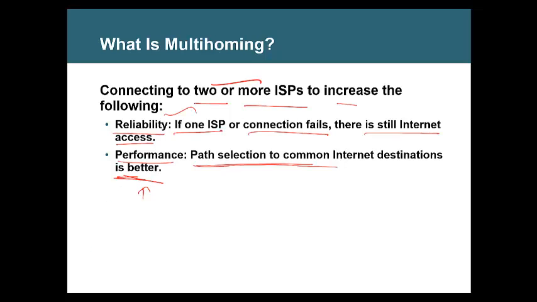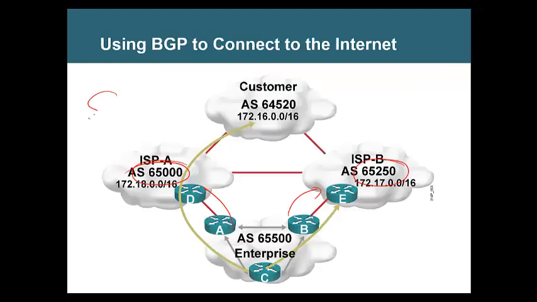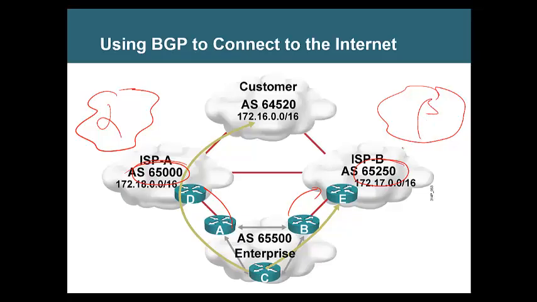In short, what I want to say is, whenever you have multi-homing, you can choose the best one and ignore the other. That improves the performance, right? The best for a destination. For example, if there is some customer here, alpha, and some customer here, beta.